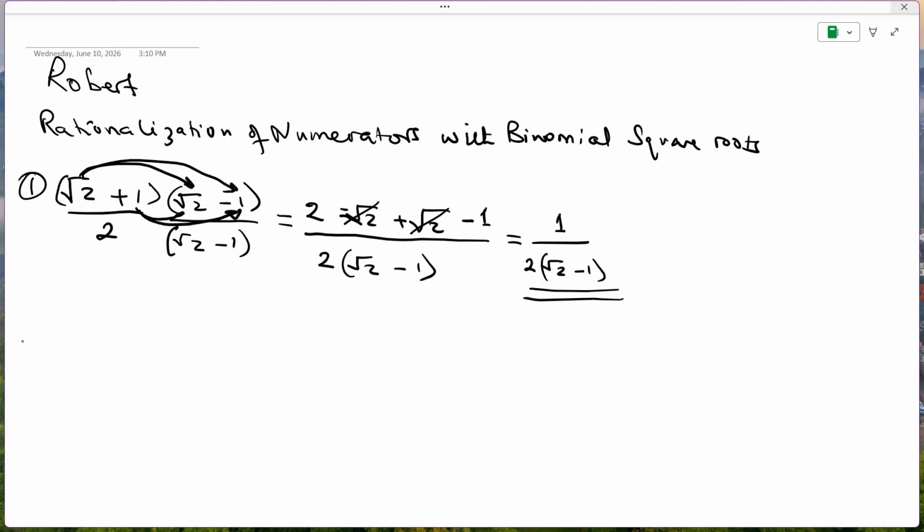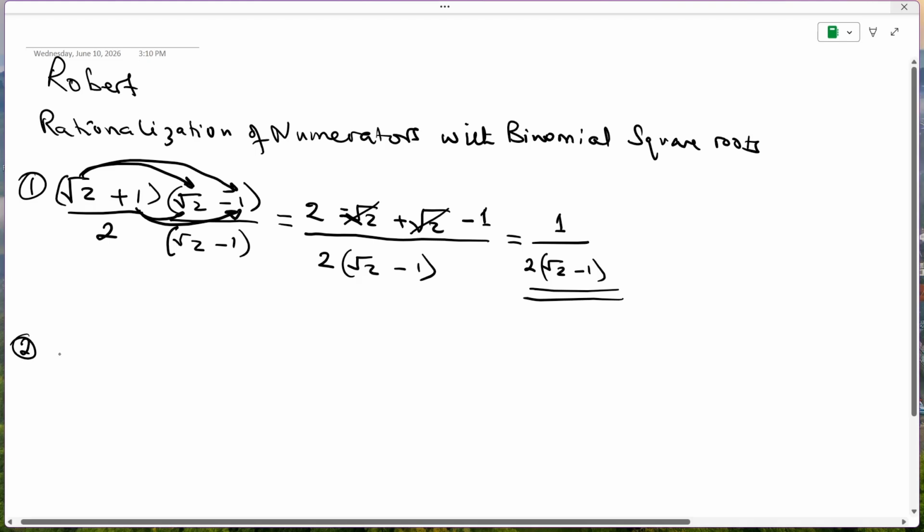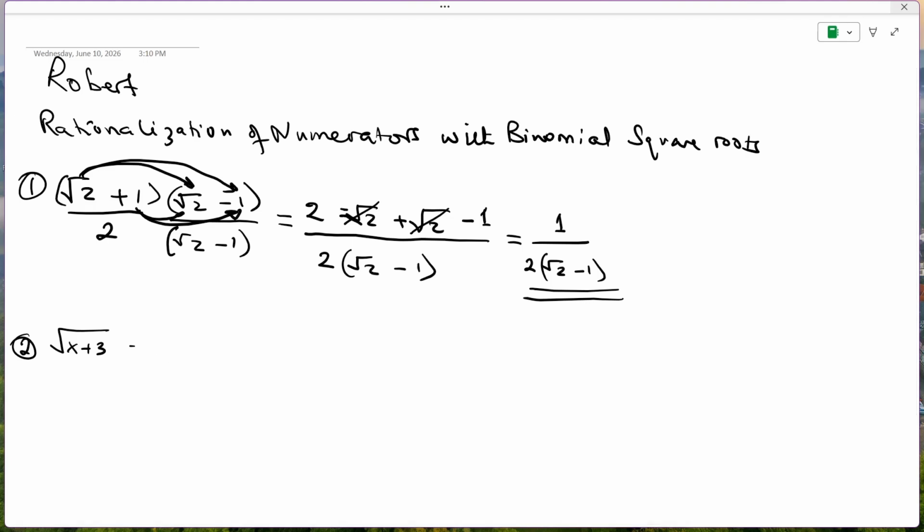Okay, so let's try a second example. And that is root x plus 3 minus root x, and this is divided by 3. Again, this example is very similar to example number 1.